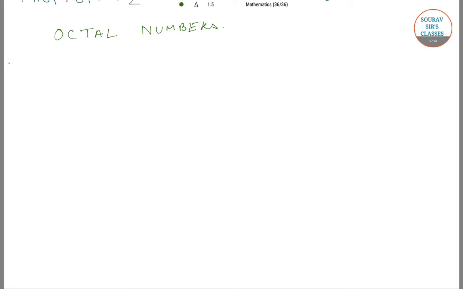Octal numbers are similar to binary number system. Here we have 8 unique symbols as 0, 1, 2, 3, 4, 5, 6 and 7, and each digit has its own value or weight expressed as a power of 8.